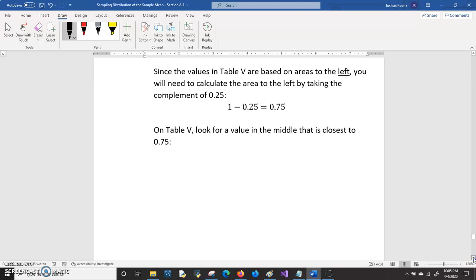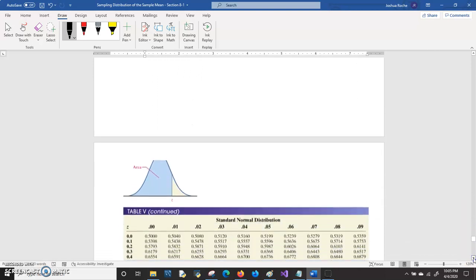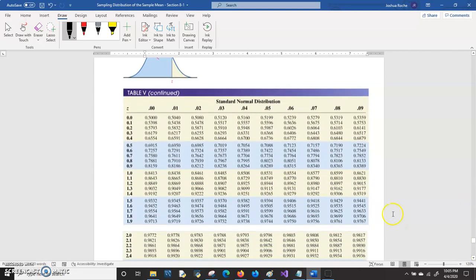Then we'll go to the table, and we'll look in the middle for the value that's closest to 0.75. It's kind of a toss-up. This is 0.7486. This one's 0.7517. You could probably use either one. This one is a little closer to 0.75, so maybe I'll use this one.